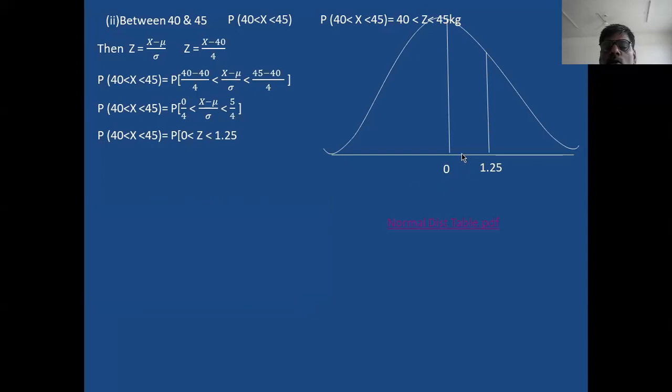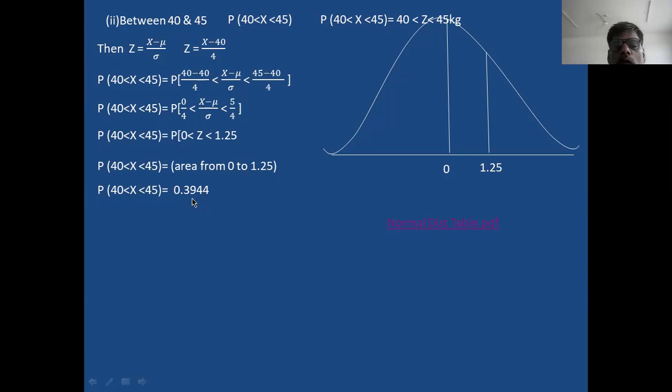So the area from 0 to 1.25 in your table is 0.3944.